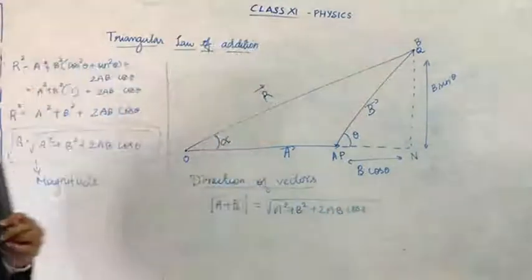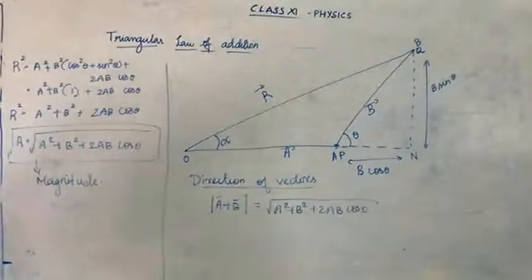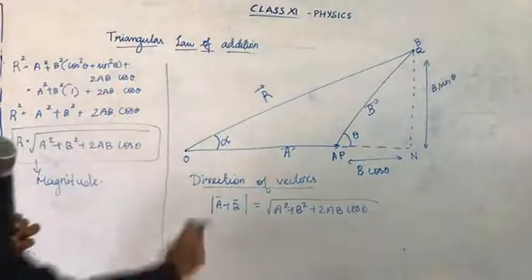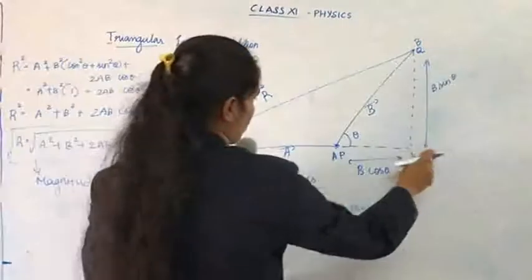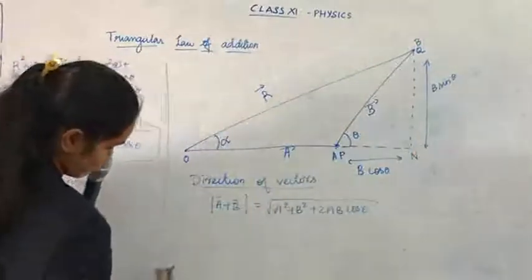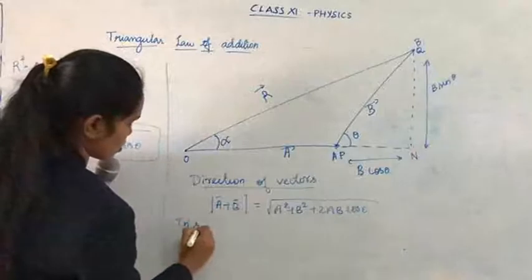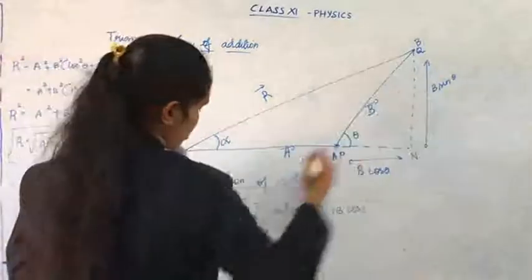This is the vector you have found. Now take the angle OBN in the triangle OBN.